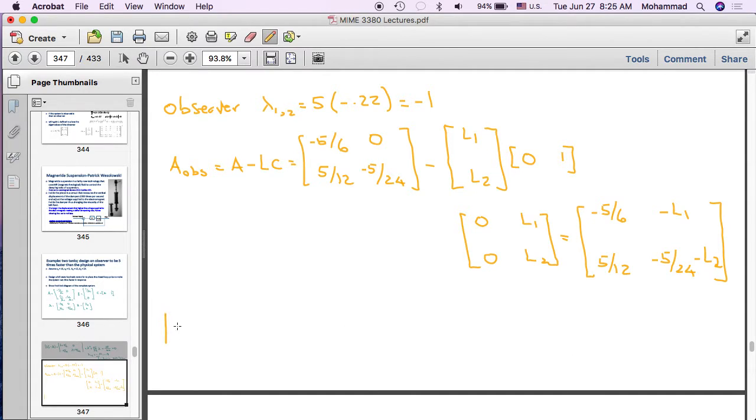So determinant again of lambda I minus A of the observer is equal to lambda plus 5/6, L1, minus 5/12, lambda plus 5 over 24 plus L2. This is the determinant that we need to find.